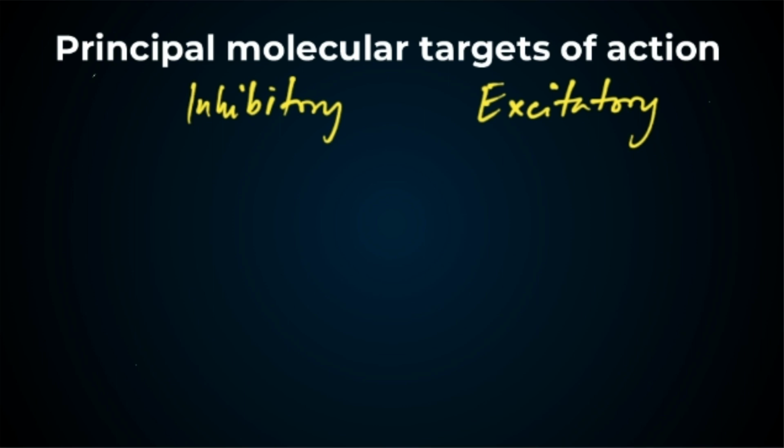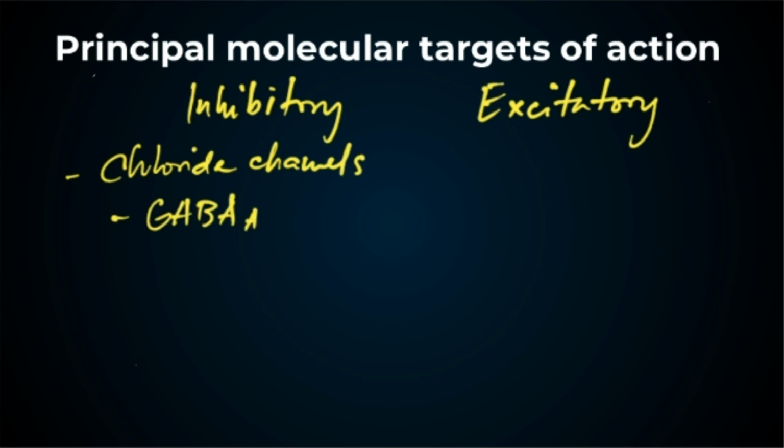For inhibitory ion channels affected by anesthetics, we have the chloride channels, for example the GABA A chloride channels, which are sensitive to a wide variety of anesthetics, including halogenated inhaled agents, intravenous agents, and neurosteroids. The increased sensitivity of GABA A to GABA, or gamma-aminobutyric acid, causes enhanced inhibitory neurotransmission and depressed nervous system activity.